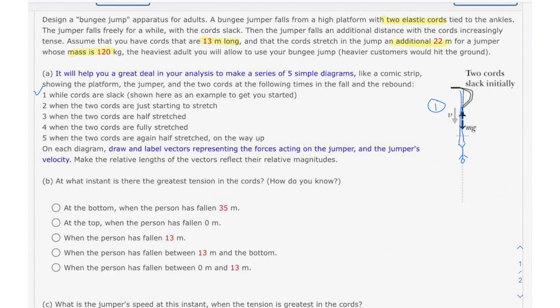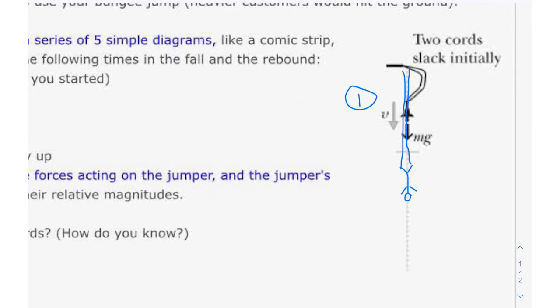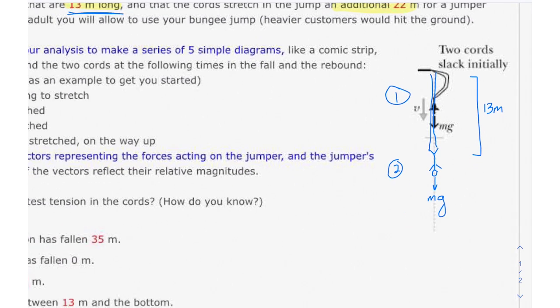Since the cords are 13 meters long, at that stage the distance would be 13 meters. You've still got your mg, and we know m is 120 kilograms. So the distance at the start of diagram 2 is a total of 13 meters when they start to stretch.